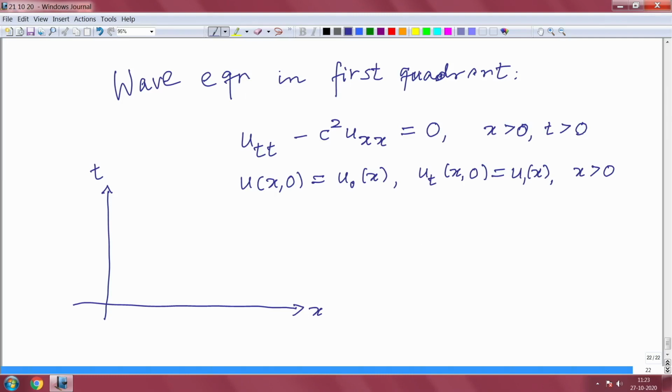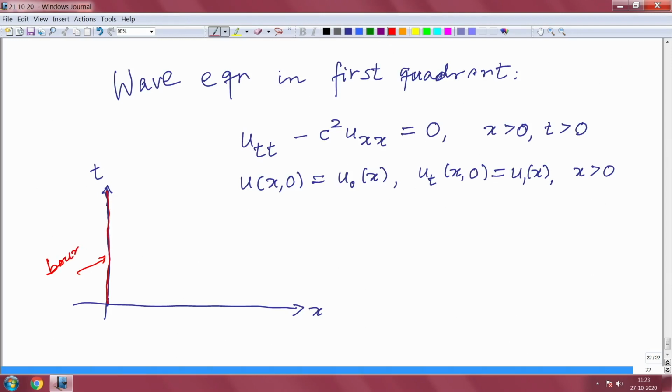Now see, earlier this was not there, but now there is a boundary here. So, we distinguish the initial line and the boundary line. Let me use a different color here for the boundary. What is the boundary?